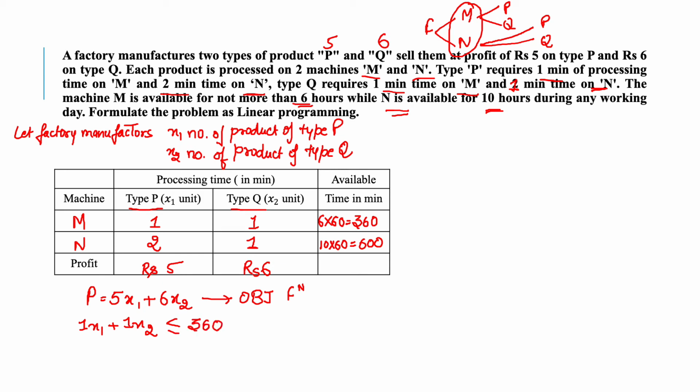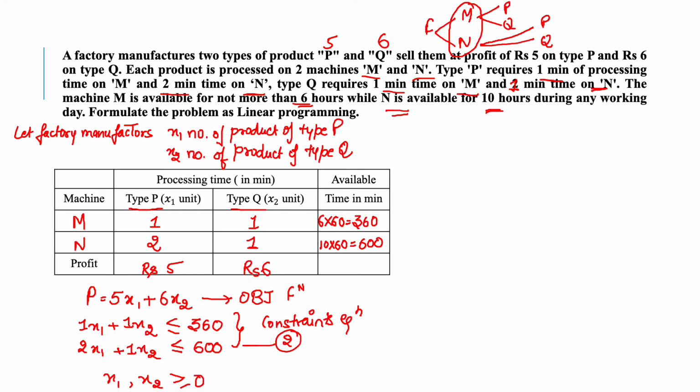Similarly, for machine N it is 2x1 plus 1x2, and that is also less than 600 minutes. So these two are my constraint equations. Last, the non-negativity conditions: x1 and x2 should both be greater than or equal to 0, meaning we can't produce a negative number of products.